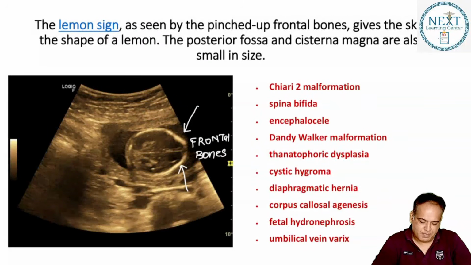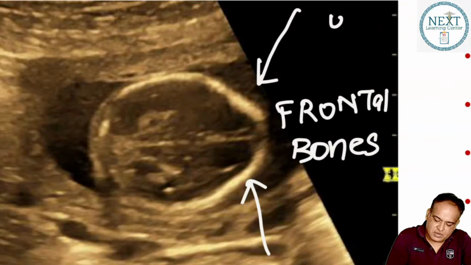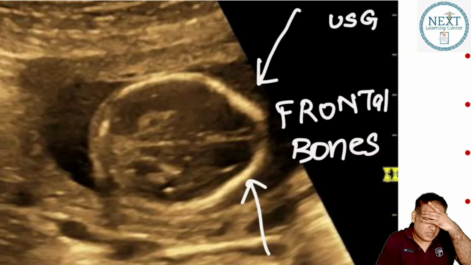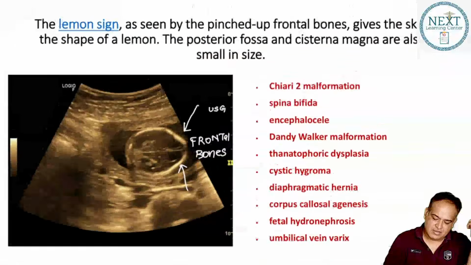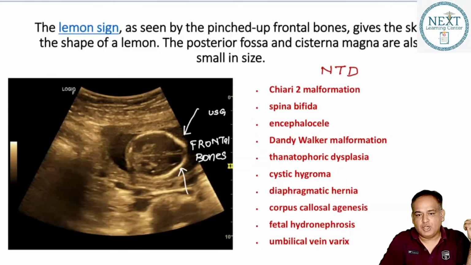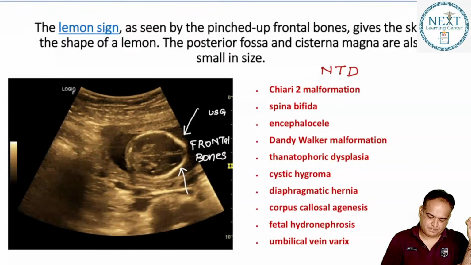First of all, it is not seen on CT, it is seen on ultrasound, and it is seen in Chiari malformation. You do not need to read all this, just remember this is seen in neural tube defects, right?